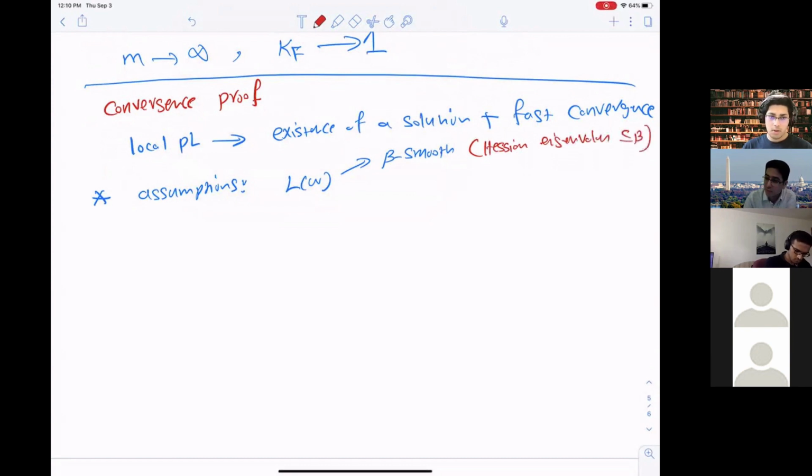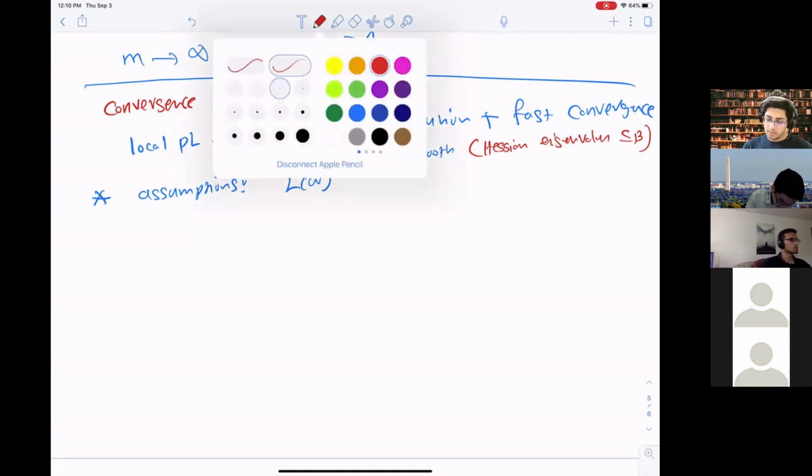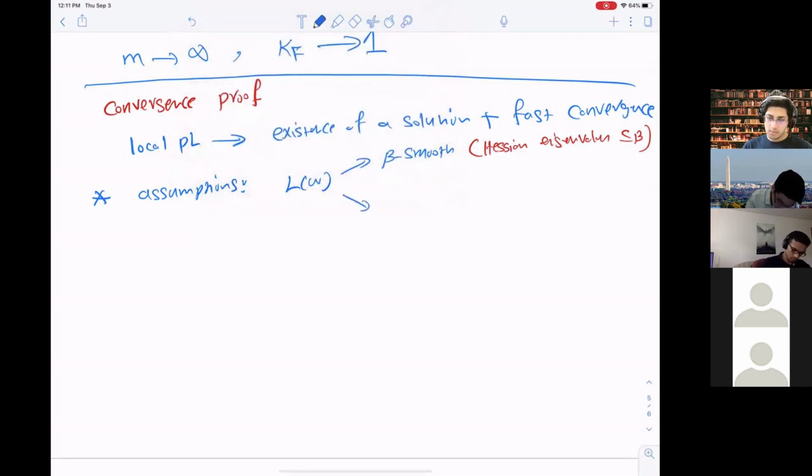They can be negative too, but I want to have a bound on the absolute values of the eigenvalues, on the curvatures that I have. And also I want to assume I can satisfy mu PL condition. So basically I have a little bit of a curvature control here and I have a PL control here.